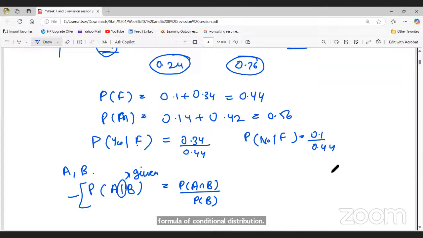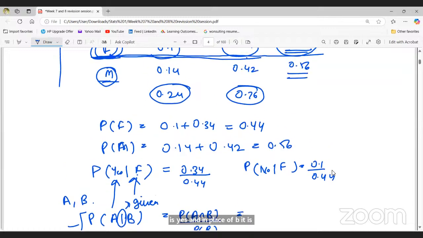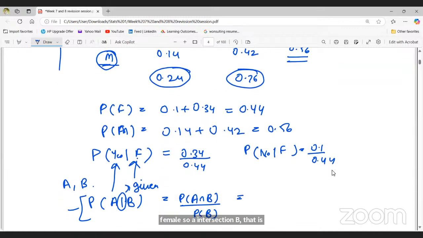Got it? So if I go with this formula, in place of A, it is yes, and in place of B, it is female. So A intersection B, that is female and yes, would be 0.34.